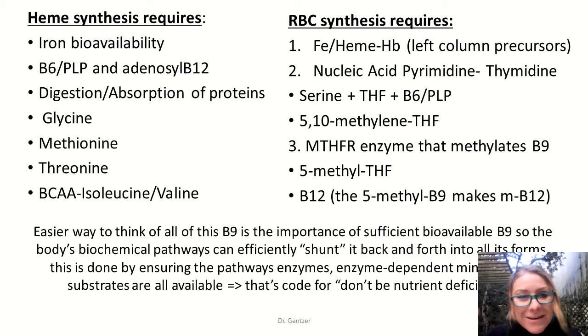You can't make a red blood cell if you can't make a heme. Where are you going to put your iron if you can't make a heme? Heme is the precursor to a hemoglobin, right? Heme is synthesized first with your succinyl-CoA and your glycine. Then you also need to remember where succinyl-CoA comes from. Succinyl-CoA comes from methionine, the 2 branch chain amino acids, isoleucine and valine, and then also threonine.